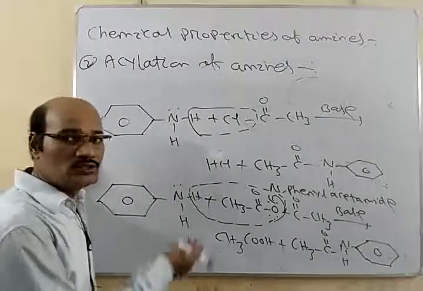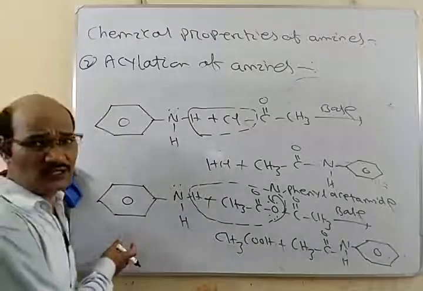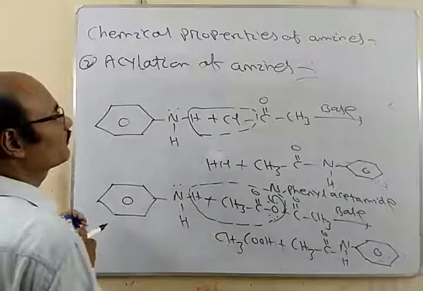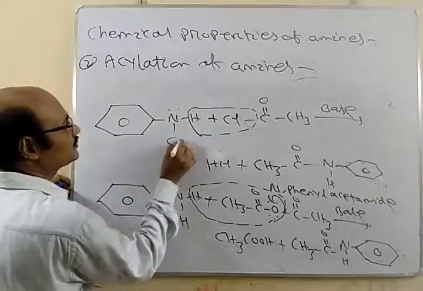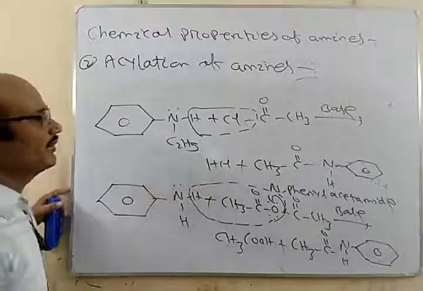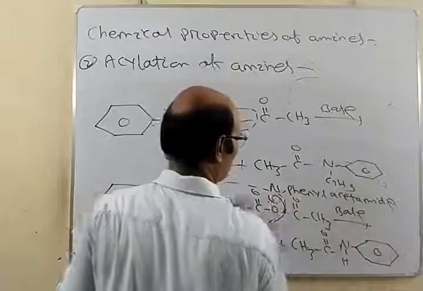to give N-substituted amides. Here also I can take secondary amines. Suppose I have a C2H5 here, then I will get N-ethyl-N-phenyl acetamide.